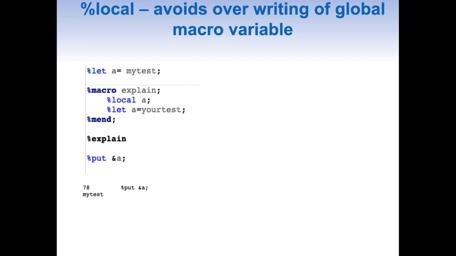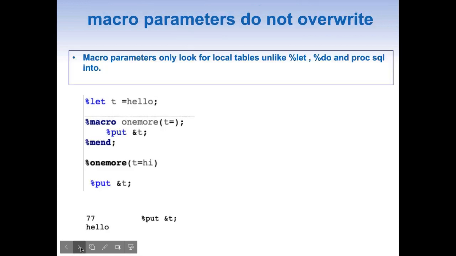More often than not, SAS macro programmers don't use this %local very much, but it's a very good practice to use %local whenever you think there could be a conflict and there can be a chance of overwriting a global macro variable.